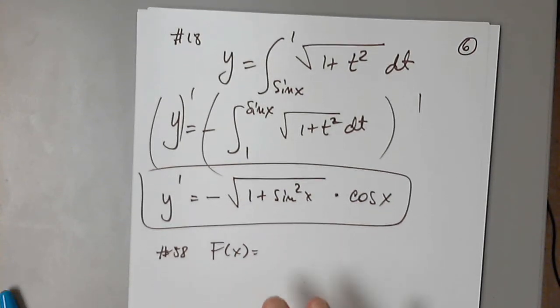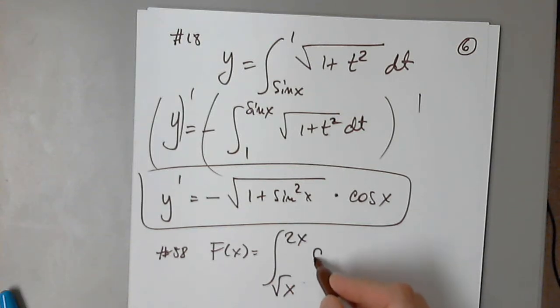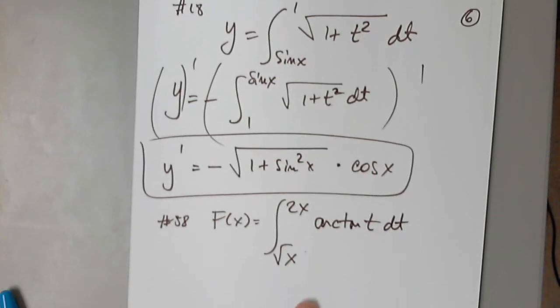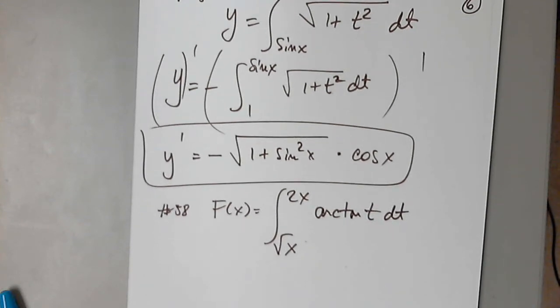Okay, 58. This function is denoted by uppercase F of x. It goes from the square root of x to 2x of arc tangent t dt. So then, this is no way ready for differentiation for several reasons.